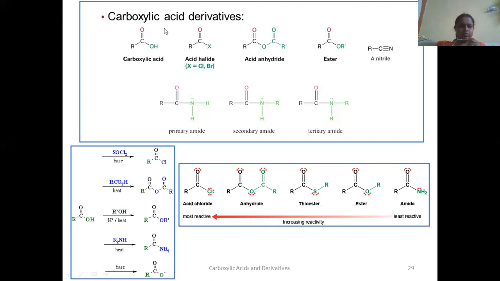This is carboxylic acid. When this OH is replaced with other groups like halide or NH2 or OR, since all these are derived from carboxylic acids, they are known as carboxylic acid derivatives.